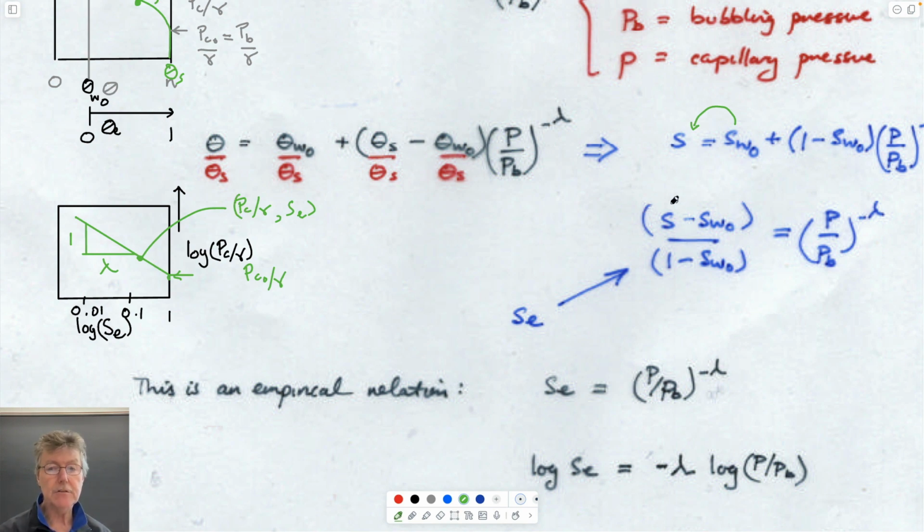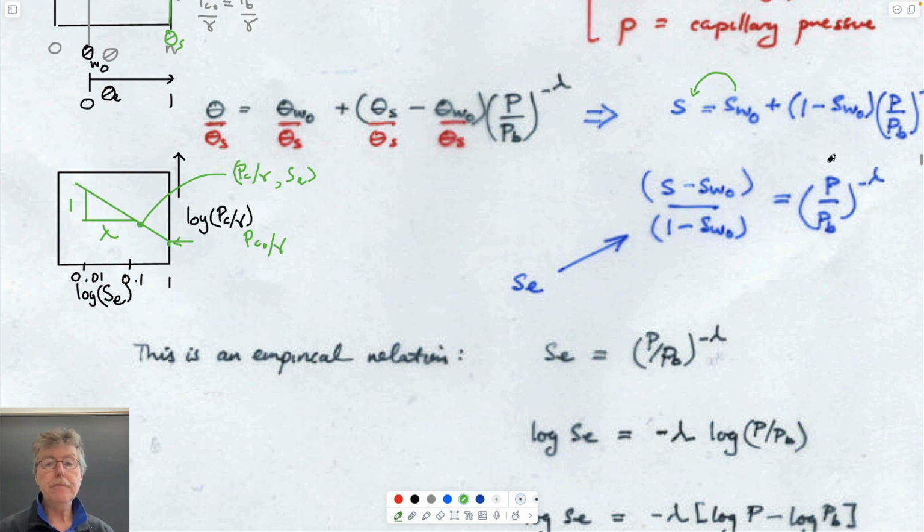This is the effective saturation, this is the capillary pressure, and these other two terms are characteristics of the porous medium. This is the bubbling pressure, which is defined by the pore throat size, and this is some gradient term that just describes the elevation of this slope, whether it's steep or shallow.